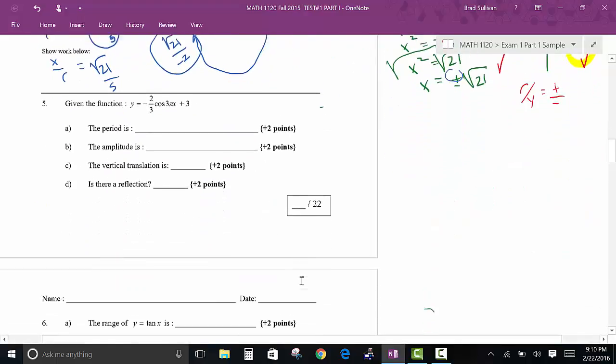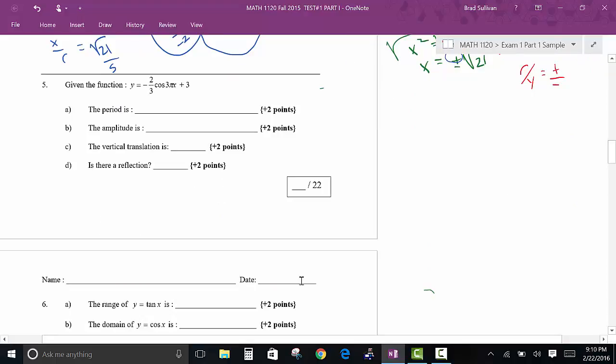And next thing we want to look at, on this problem, is I'm giving you just a function. We're going to figure out what the period is. Okay, so the period, for a cosine or a sine, the formula for the period is 2 pi over the absolute value of omega. Omega is the number that's in front of x. So you're going to do 2 pi over 3 pi.